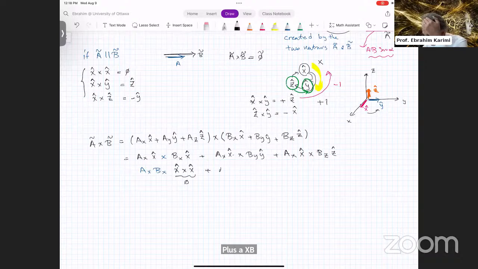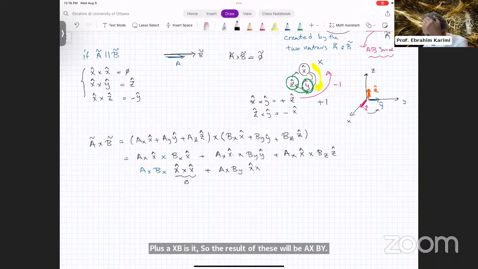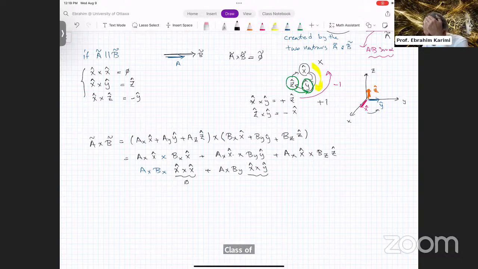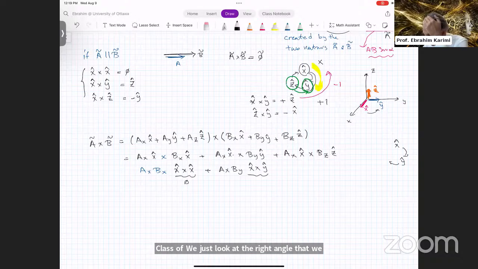So the result of these will be AX BY X hat cross Y hat, that we just looked at with the right angle rule that we described. So X hat multiplied by Y hat, I'm going clockwise, then the result will be Z hat with a positive sign.